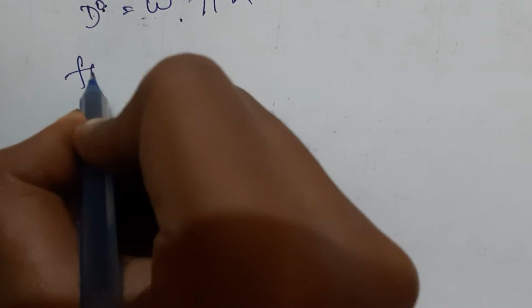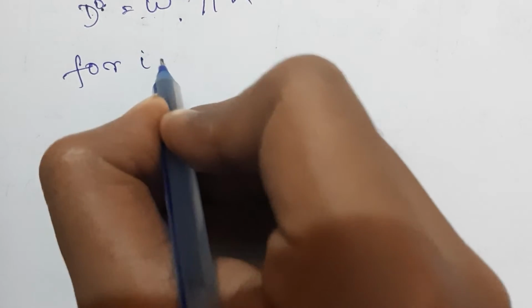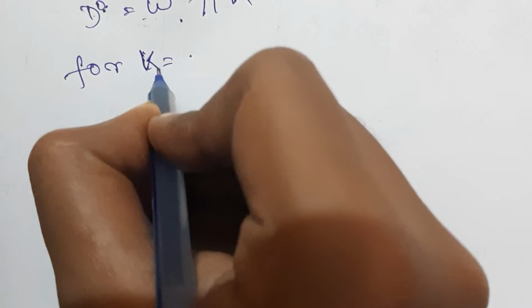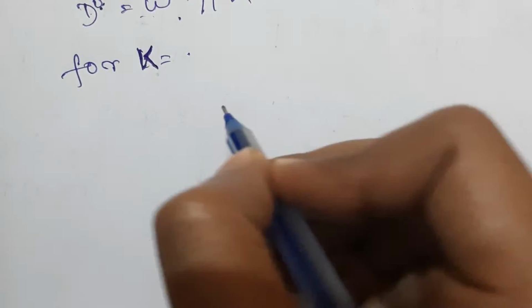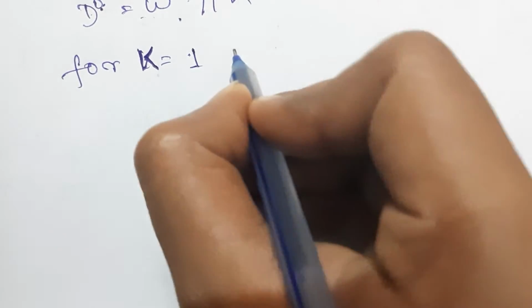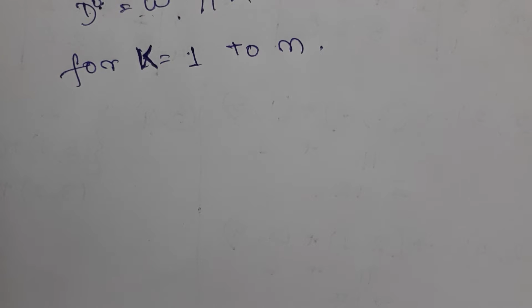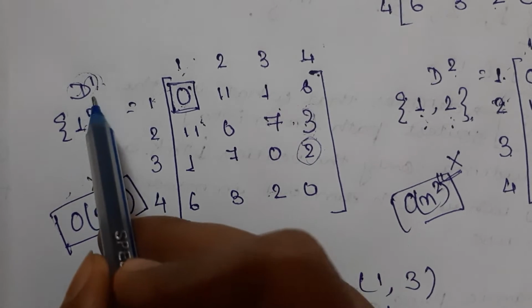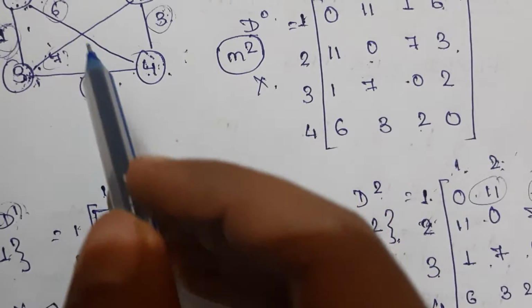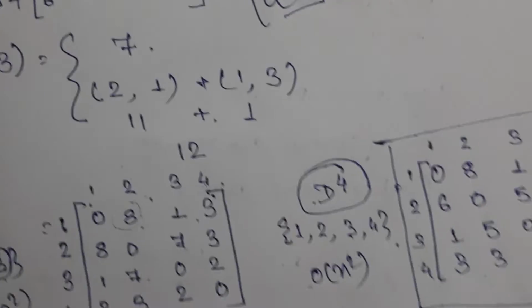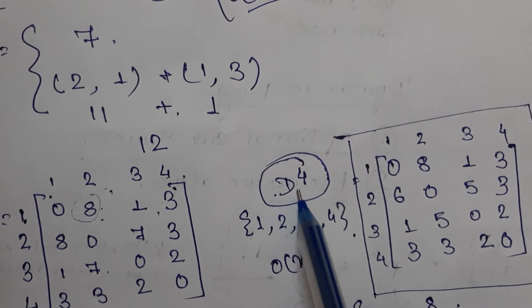Now I am running a loop for k is equal to 1 to n, as we have taken the segments. Here we are calculating the values from d1 to, for example, here we have taken 4 vertices, so we are calculating the values of d1 to d4.